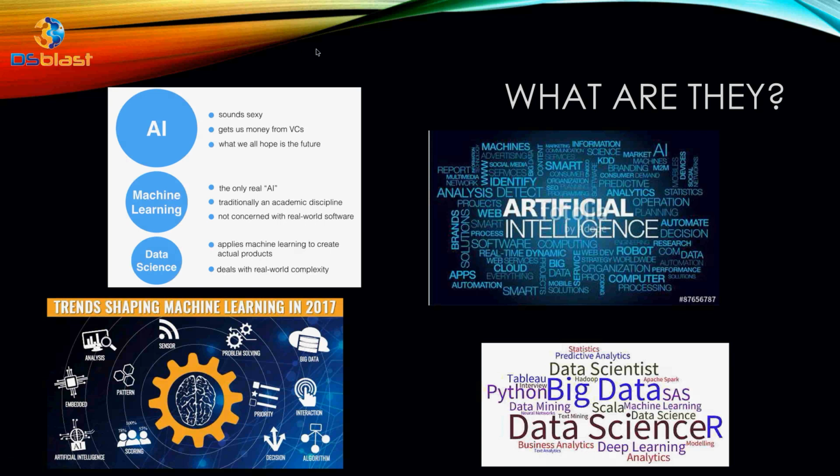The first thing we're going to talk about is, in general, what data science is, what machine learning is, and the relationship with the very hot artificial intelligence. The three buzzwords, or three terms, are very closely related.